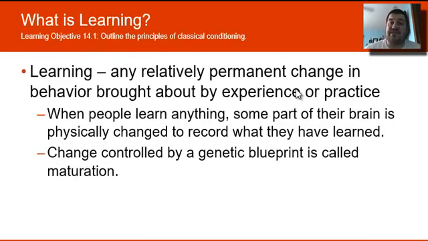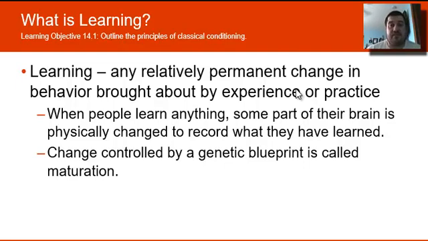So, first of all, let's go ahead and define learning. Learning is a relatively permanent change in behavior that can be brought about by experience or practice. If you think about it, whenever you learn something new, some part of your brain is physically changed on a neurological level to record what has been learned.